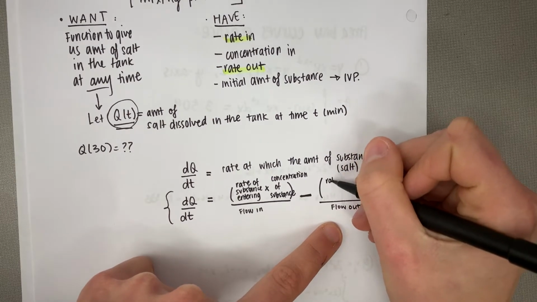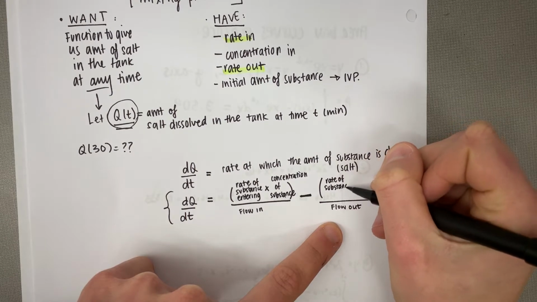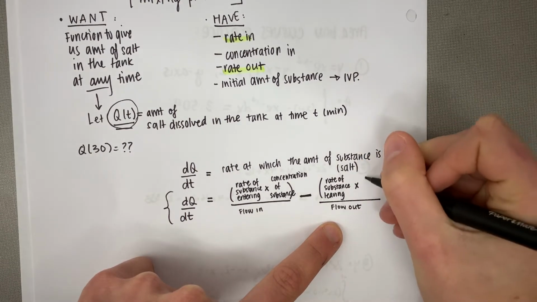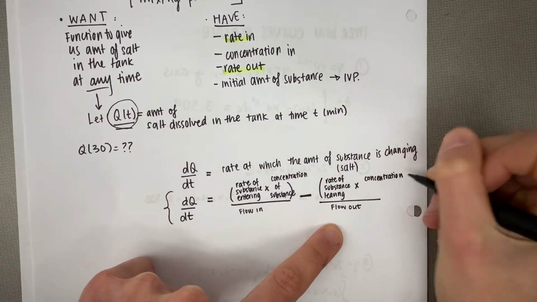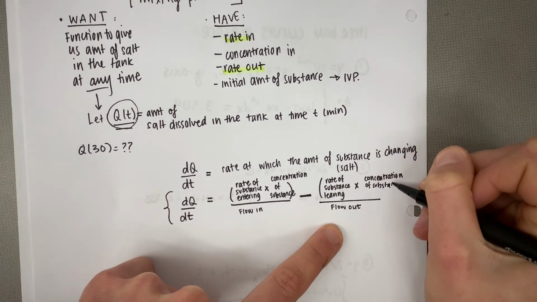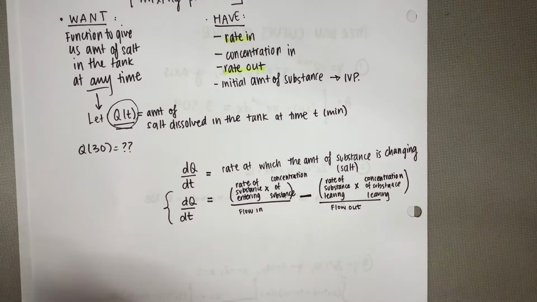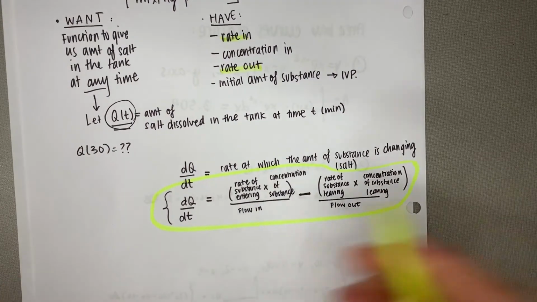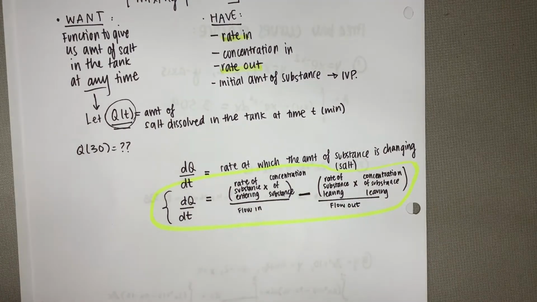So the rate of substance leaving times the concentration of substance leaving. This generic dQ/dt is going to be really helpful for all of our mixing problems.